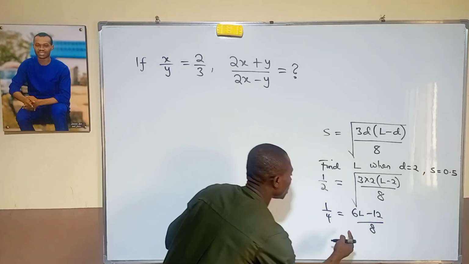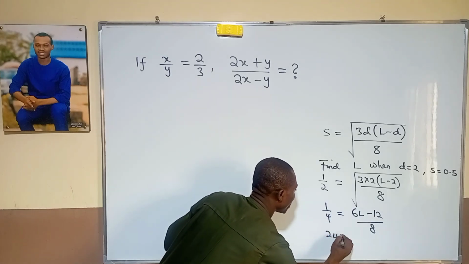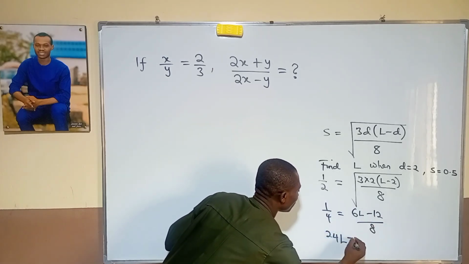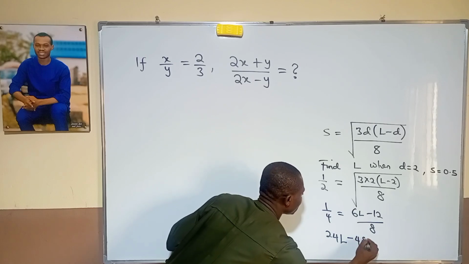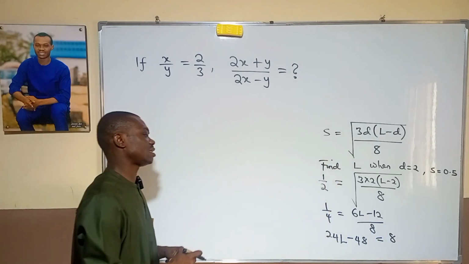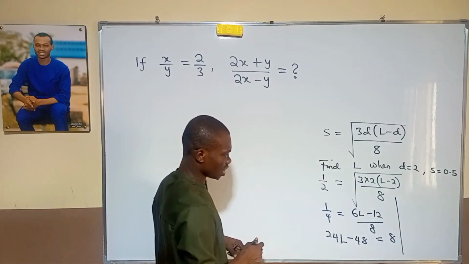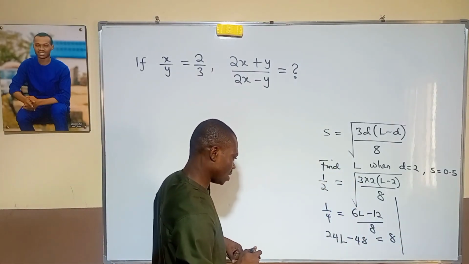Cross multiply. Okay, so I'm going to have this times this, which is going to be 24L, times this one will be minus 48. And that will be equal to 8 times 1, which is 8. Okay, so take the other one to the other side. So what am I going to get now?